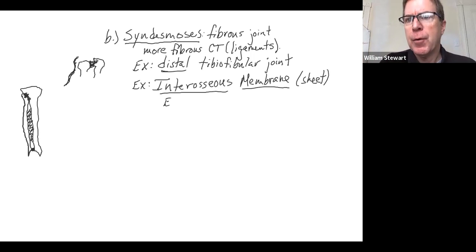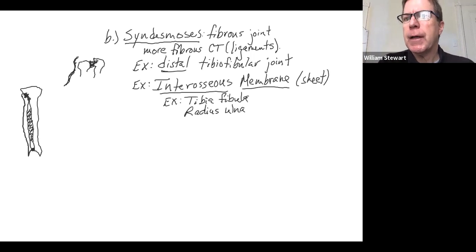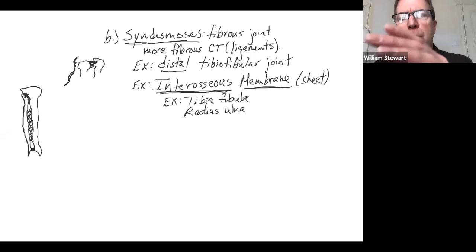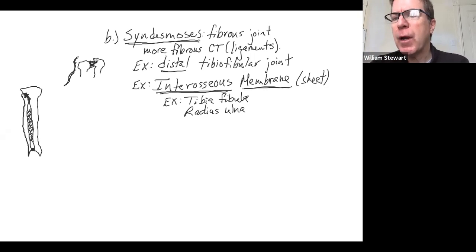So I'm going to write examples: tibia, fibula, or radius, ulna. Your book classifies interosseous membranes as a type of syndesmoses fibrous joint. Other books categorize an interosseous membrane in a category all by itself. I'm going to write, underline, sheet.